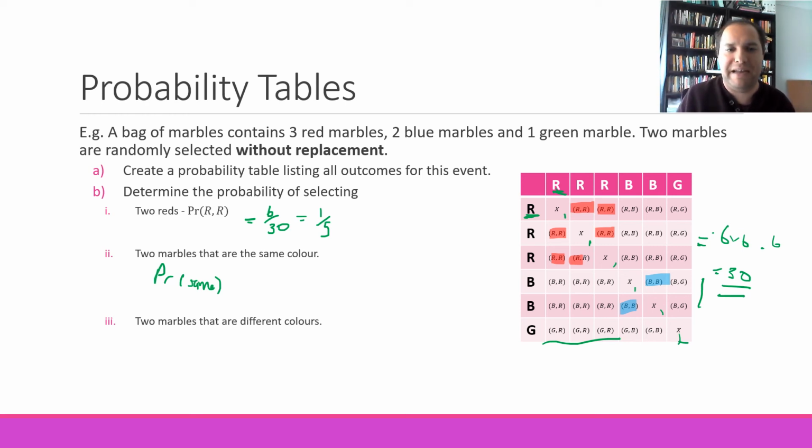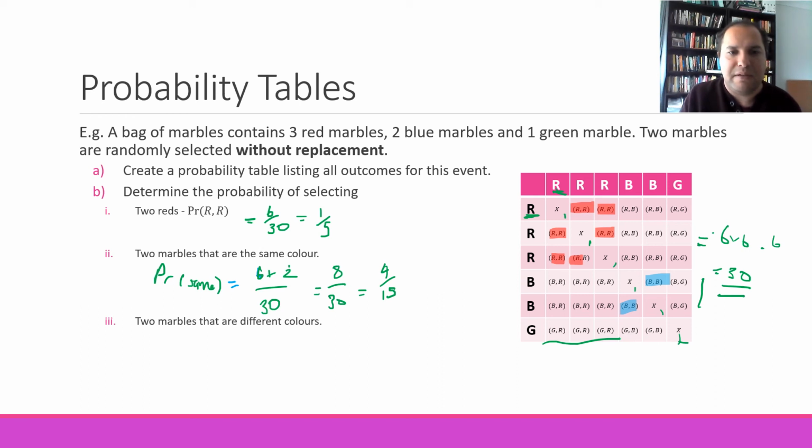We can't get another green out of there. So the probability that our marbles are going to be the same color, we have 6 that are red, and 2 of them that are blue and blue, out of 30, so 8 out of 30, or 4/15. And once again, that's different to our previous value, which I think from memory was 7/18. So again, changing the fact of whether we have replacement or not does affect our probability.